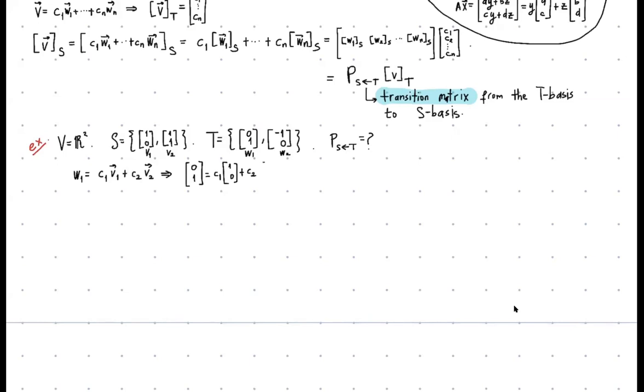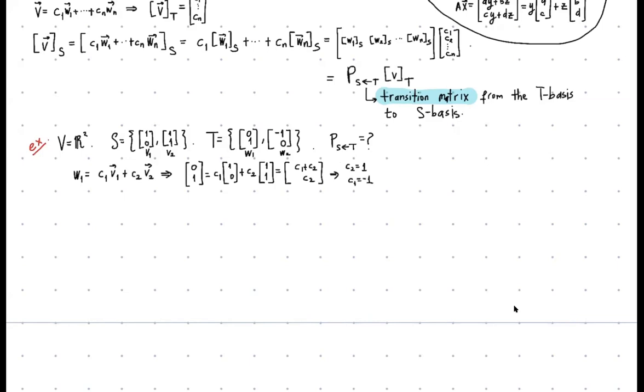So this is what? C1 plus C2. And what is this? C2. So what is C2 now? C2 is 1. What is C1 now? C1 plus C2 is 0, so C1 must be -1.